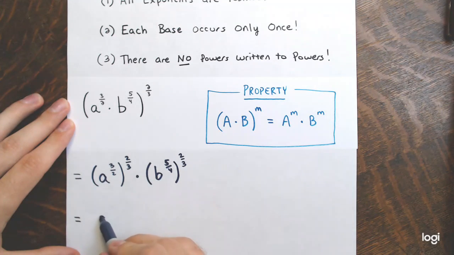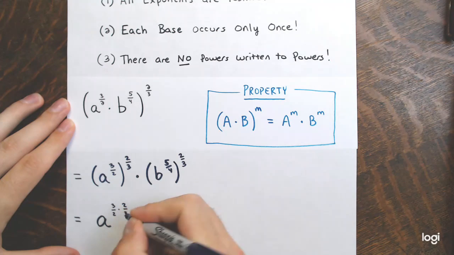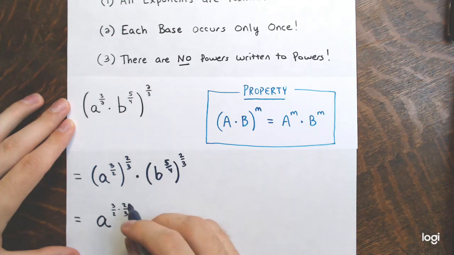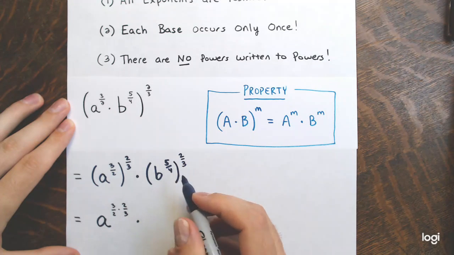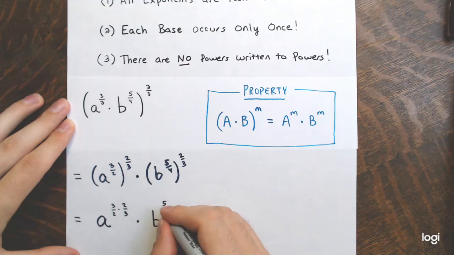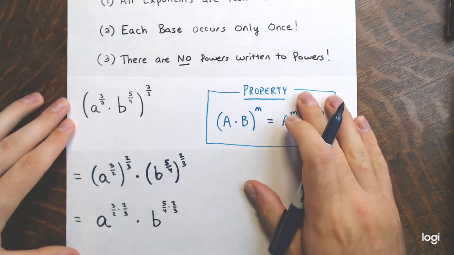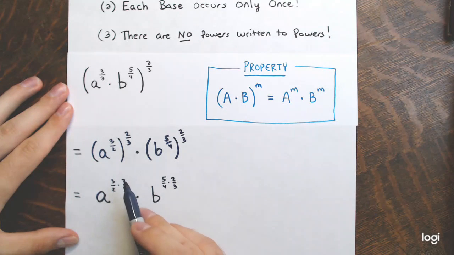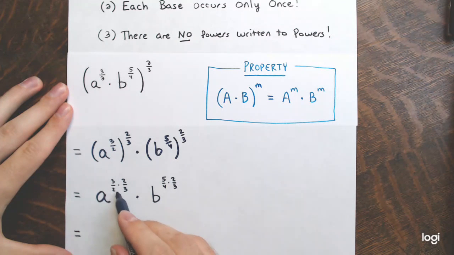Keep that same base a, and the exponent now is 3/2 times 2/3. That's the first factor. Times the second factor, b to the 5/4 to the 2/3: you keep that original base b, and the new exponent is 5/4 times 2/3. All right, and then we simplify. What's 3/2 times 2/3? That'd be 6/6, or 1. So this is a to the 1, or just a.